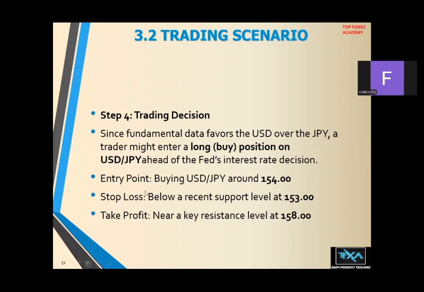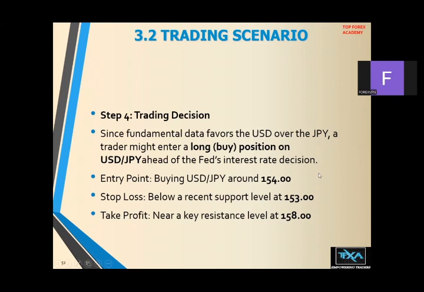And then you put a stop loss below a recent support level, based on our fundamental analysis and what the price is telling us. The recent support level is around 153, and you take profit near a key resistance level.